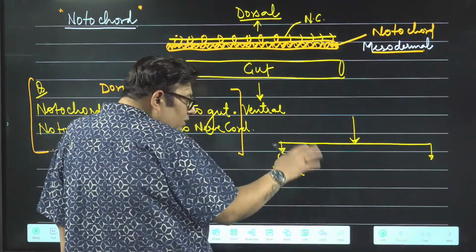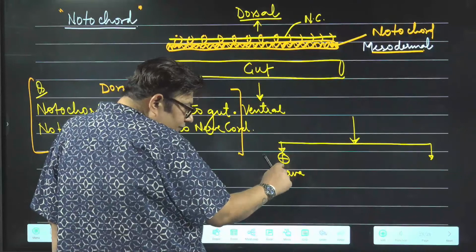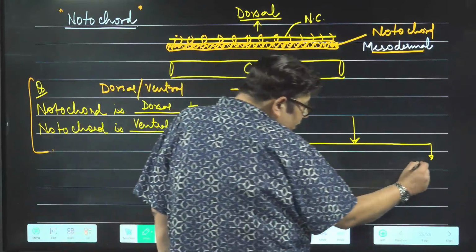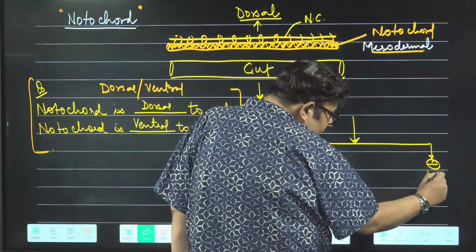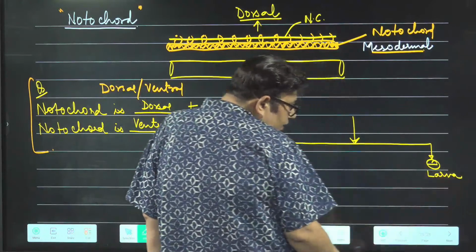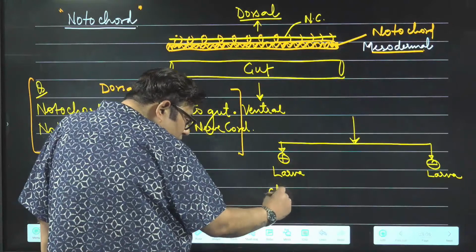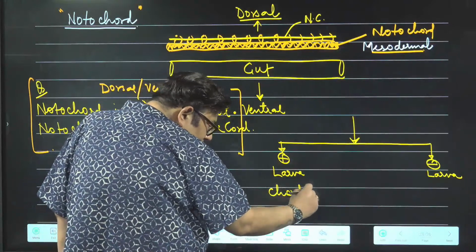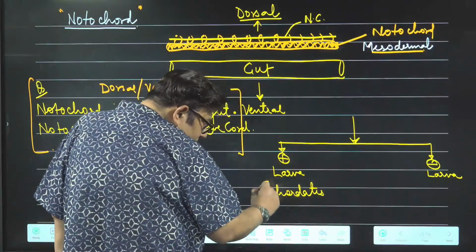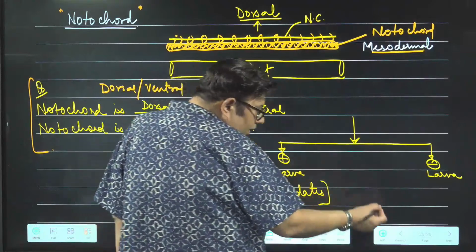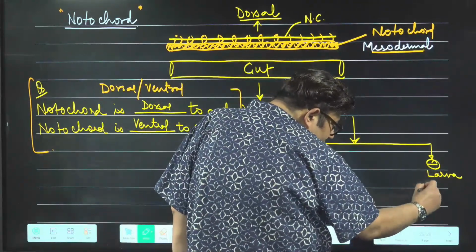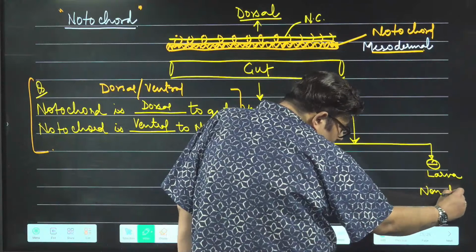Later on, present or absent, not guaranteed. If it is present in the larva, then these animals are known as chordates. And those who do not have the notochord in the larva are called non-chordates.